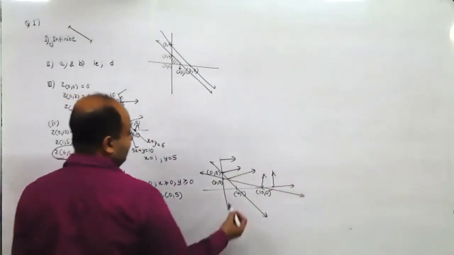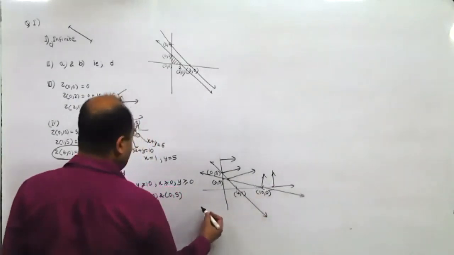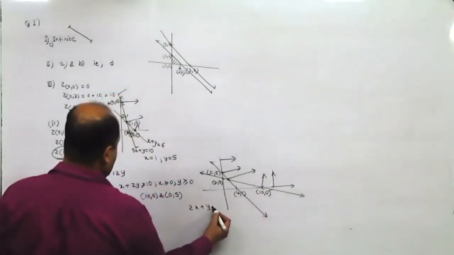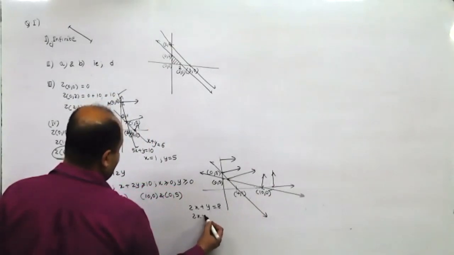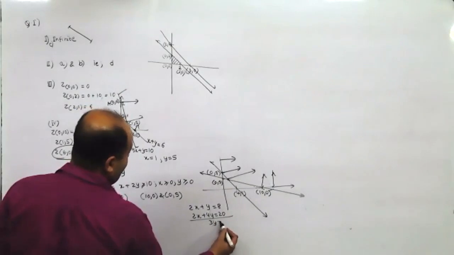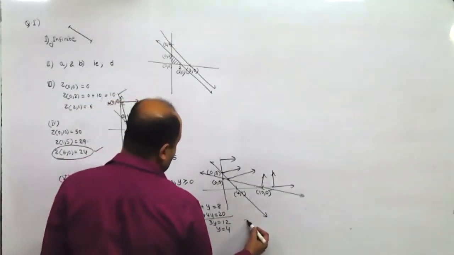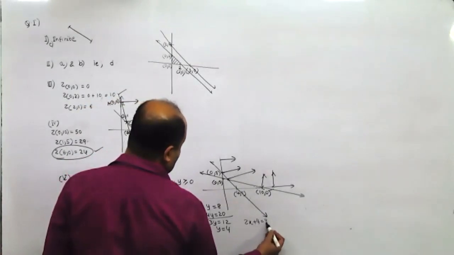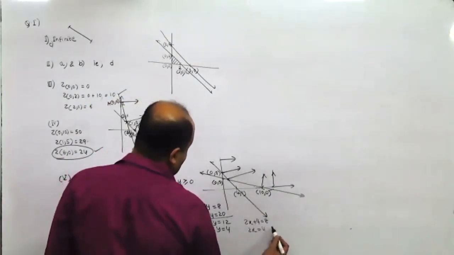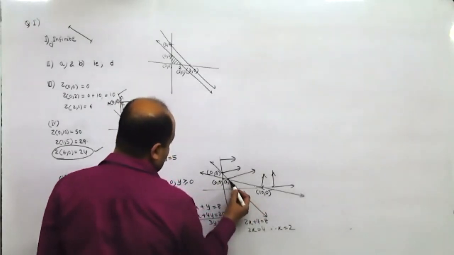Zero comma 8, this is 10 comma 0. How do you find these two? Solve these two. 2x plus y equal to 8. Here 2x plus 4y equal to 20. So this would be 3y equal to 12, y equal to 4. When I put y equal to 4 here, 2x plus 4 is 8, 2x is equal to 4. Therefore, x equal to 2. So this is 2 comma 4.